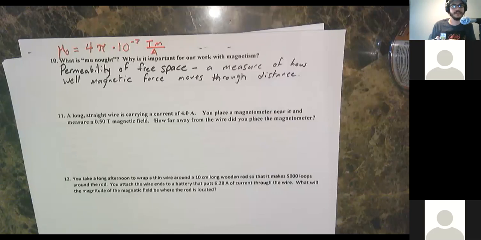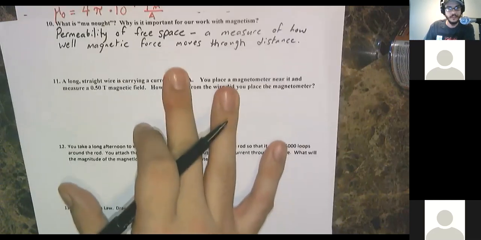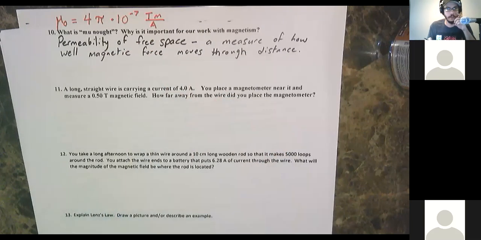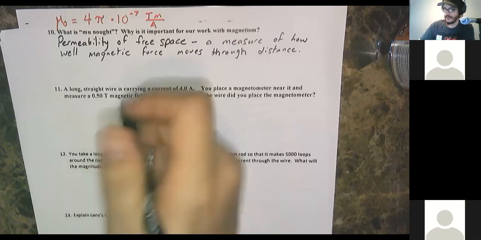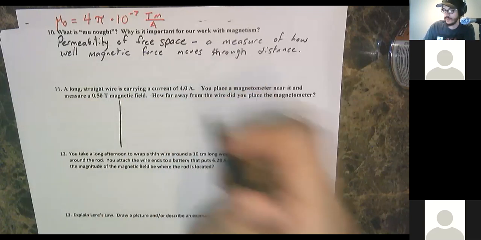So it's a limiting factor for how well a magnet can work at a distance. If you're extremely cynical, then it's a constant that you have to plug in. And it's a constant of proportionality that you're always going to have to put into our magnet problems. Why is it? Because it tells you something about how our universe lets magnetism move through it.